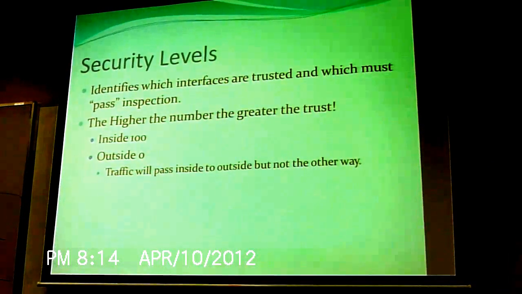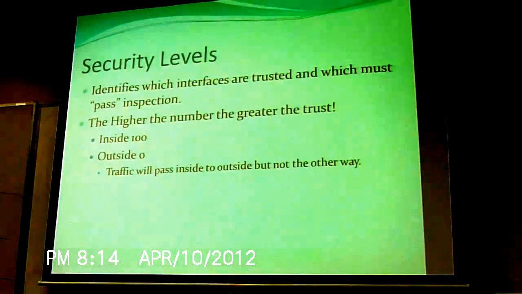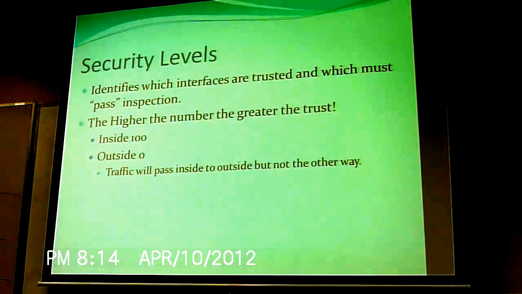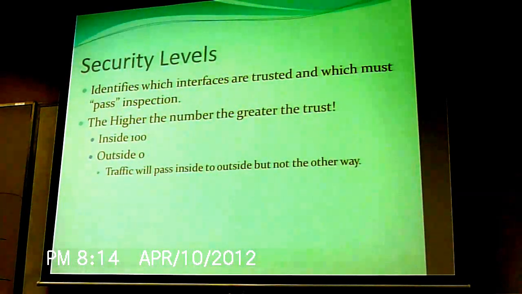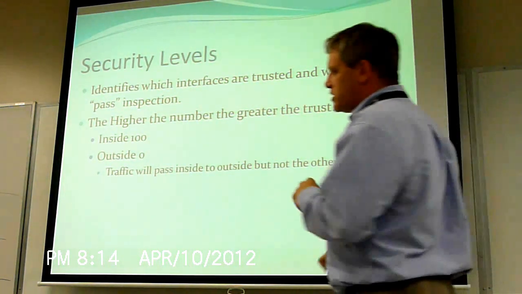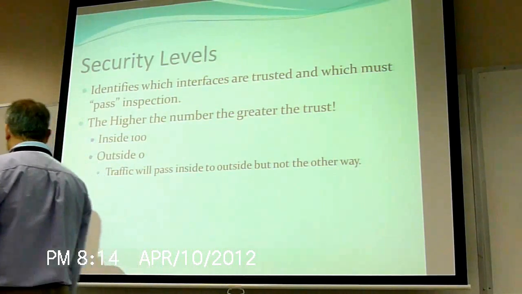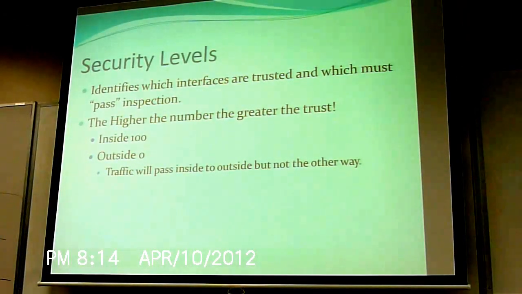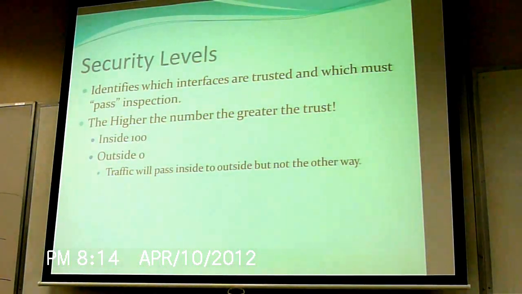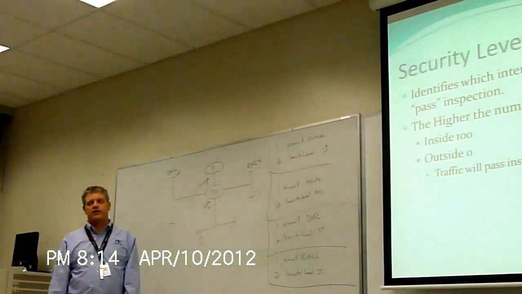Security levels. I have an example of that up here on the board. Security levels define and identify which interfaces are trusted and which must have some sort of inspection to pass. The higher the number, the more it's trusted. So, we have to do two things with the different interfaces when we set them up on a firewall.